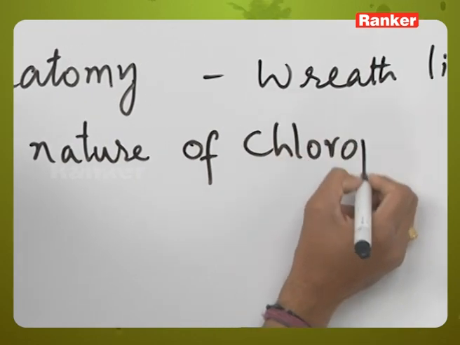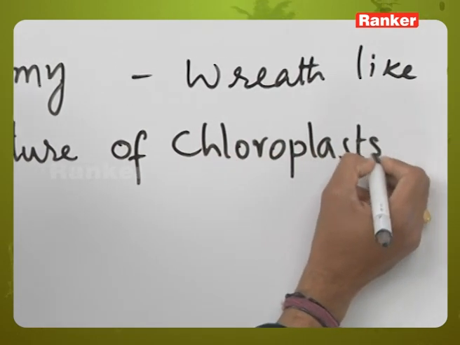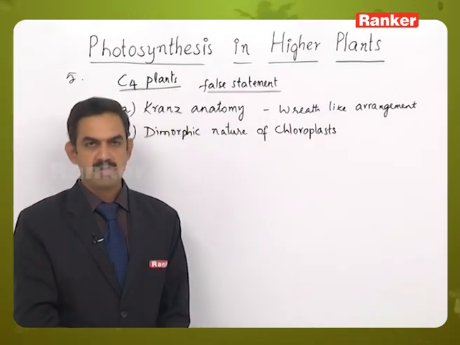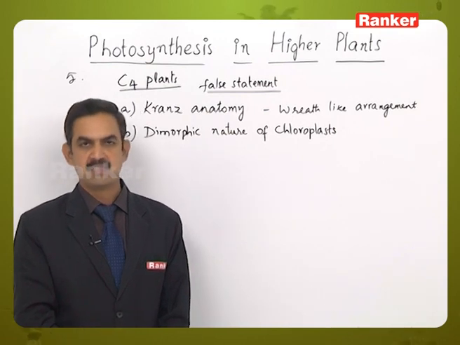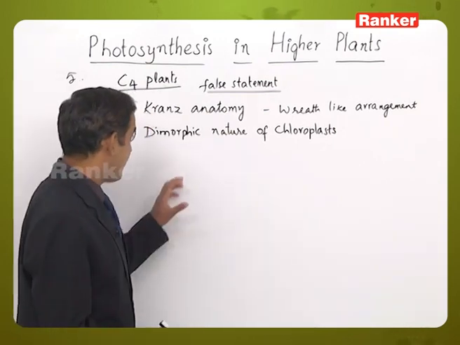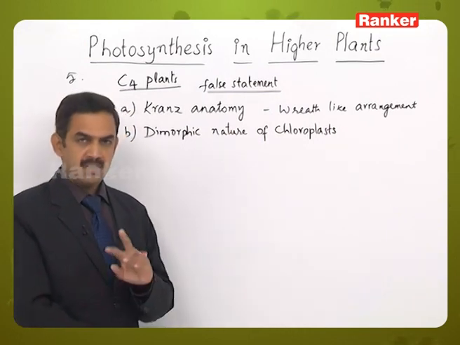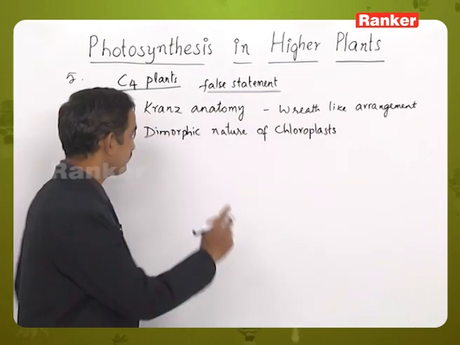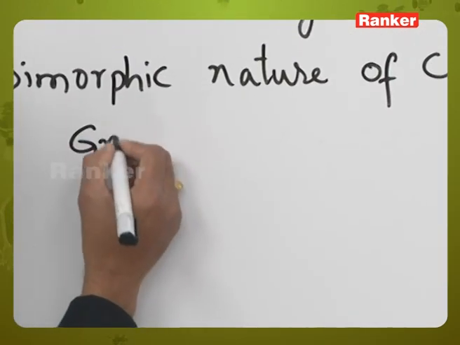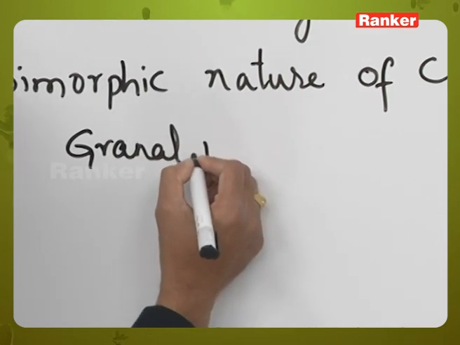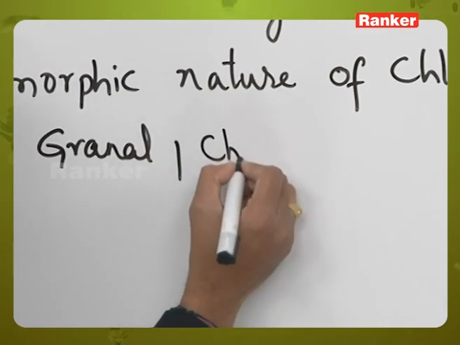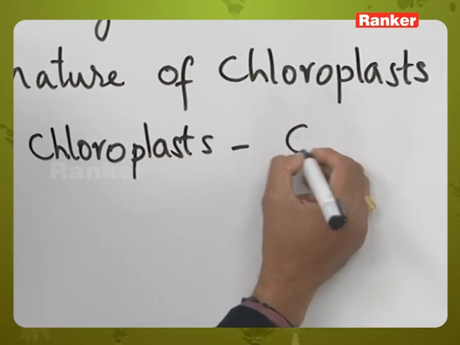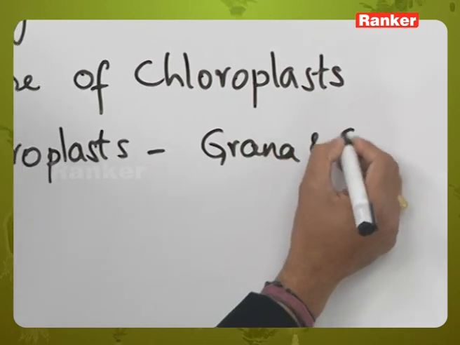Then B. The dimorphic nature of chloroplasts. In C4 plants two types of cells participate: mesophyll cells and bundle sheath cells. Dimorphic nature of chloroplast means that out of the two types of cells, one type will have granal chloroplast, which contains both grana and stroma.